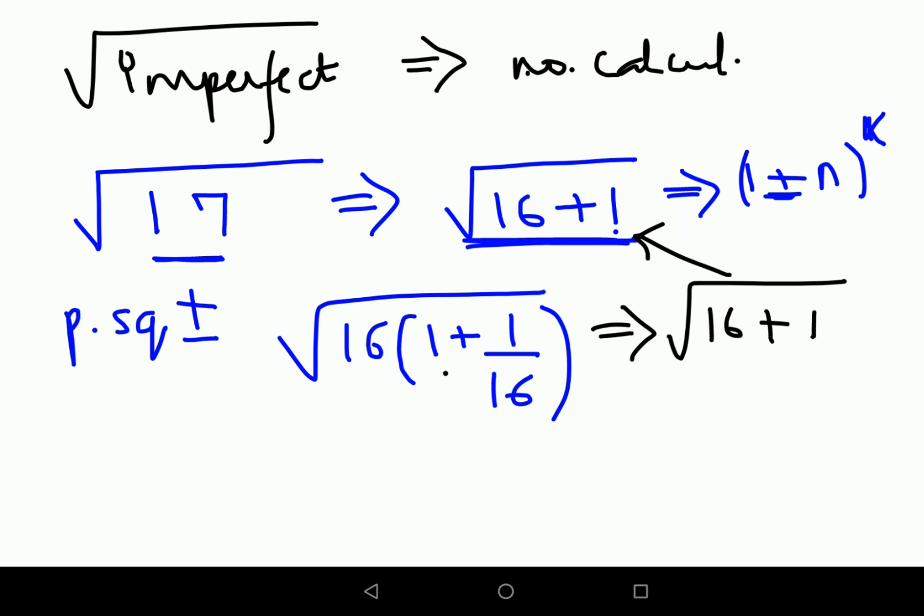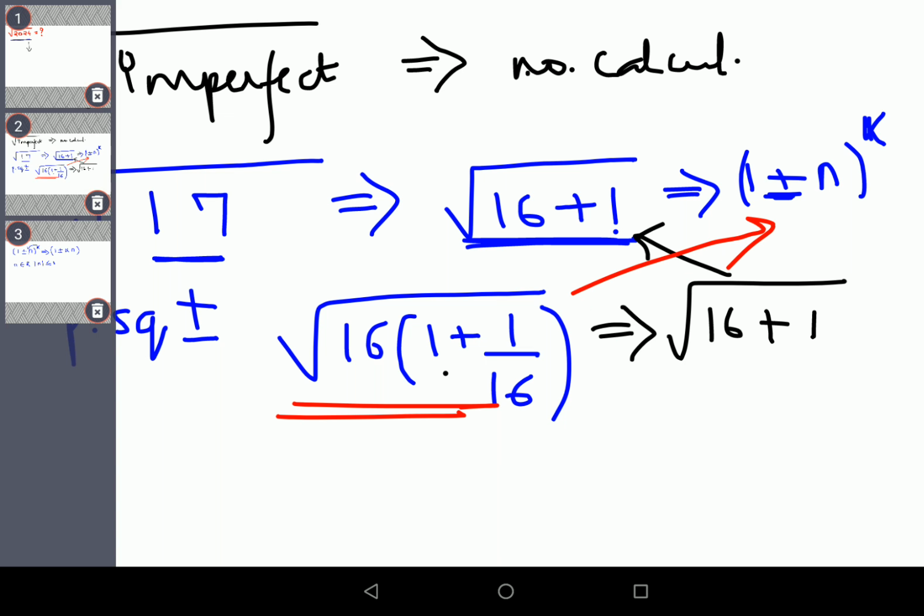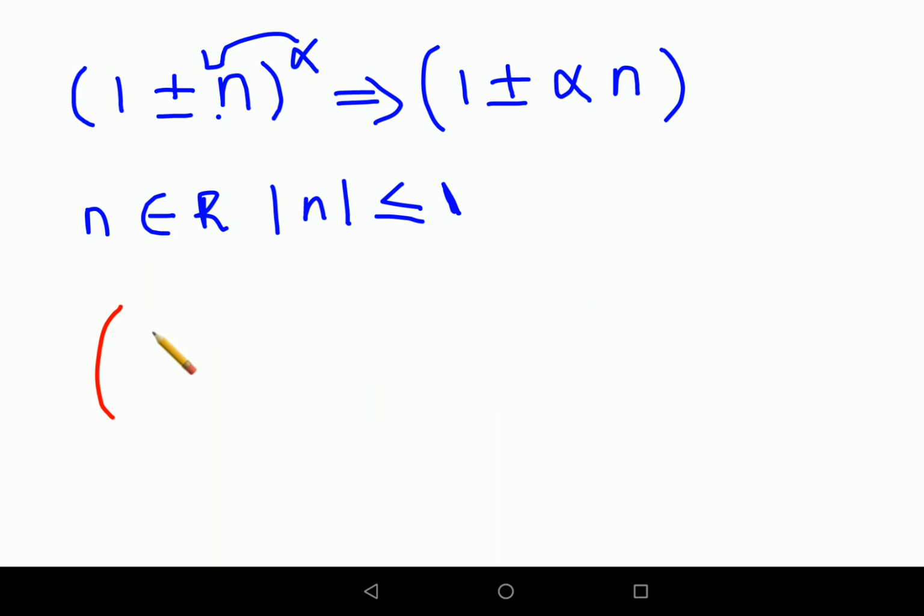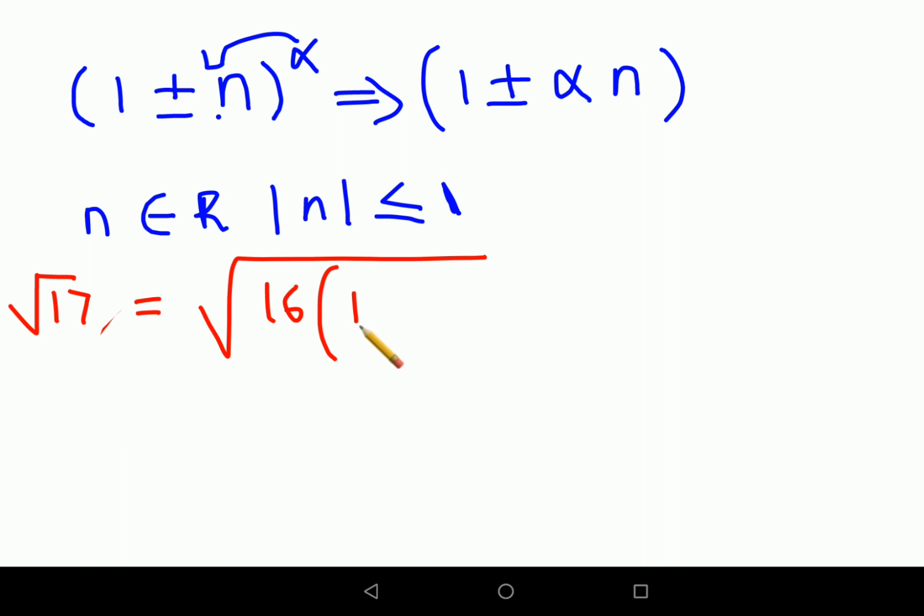This particular step is super important, because this is actually in this format. Now let's go back. Your question has now changed. It was root 17, which can now be written as root of 16 into (1 plus 1 upon 16).